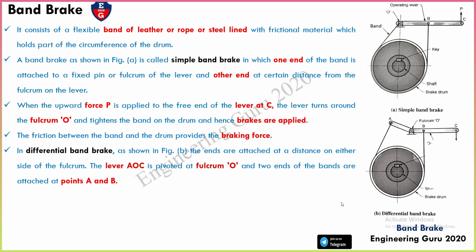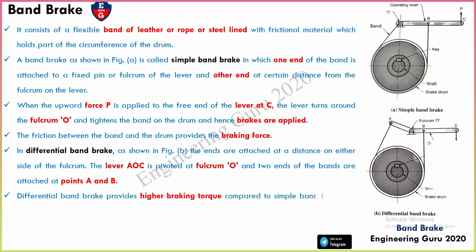The lever AOC is pivoted at fulcrum point O, and the two ends of the band are attached at point A and point B. In this figure we can see that in the simple band brake the lever is straight, while here the lever is AOC and the band is attached at point A and point B.